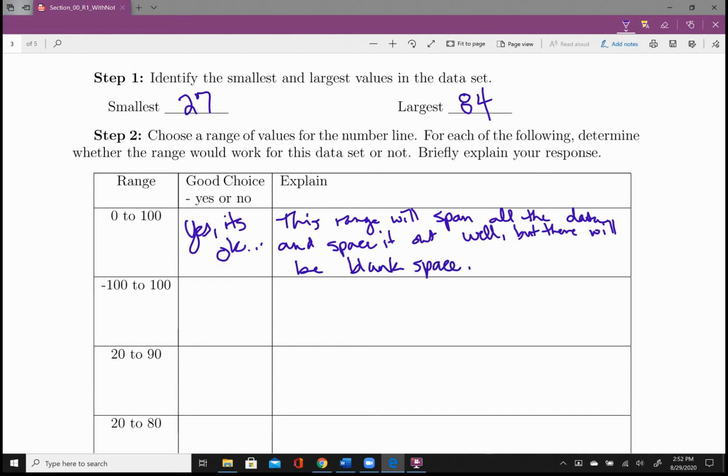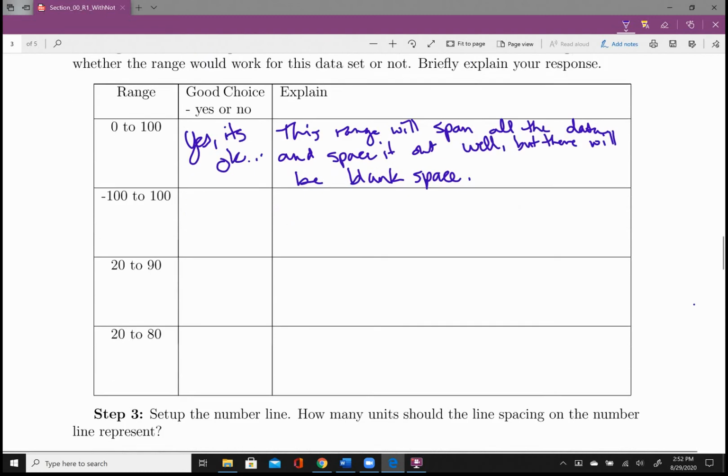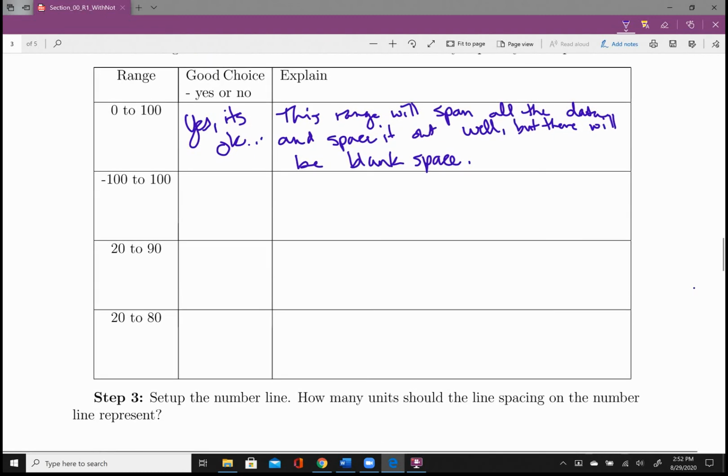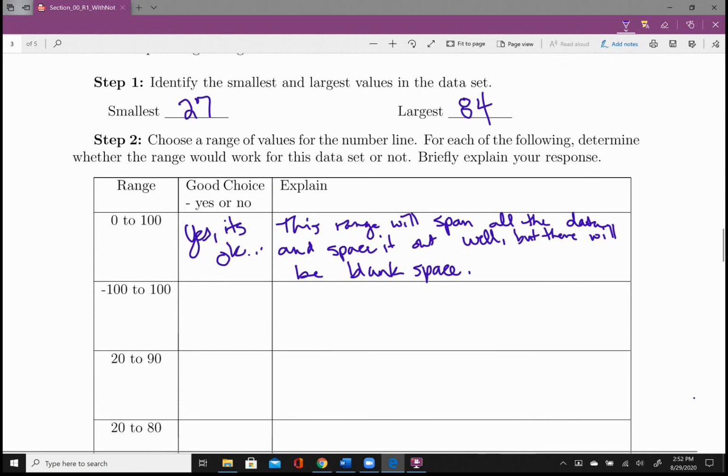So it's fine, but it's not the best choice out of the four that are available to us. Now looking at this next range from negative 100 to 100, wow. Think about everything that's happening from negative 100 to 0. In negative 100, technically up to 26, 27, it's going to be blank space.